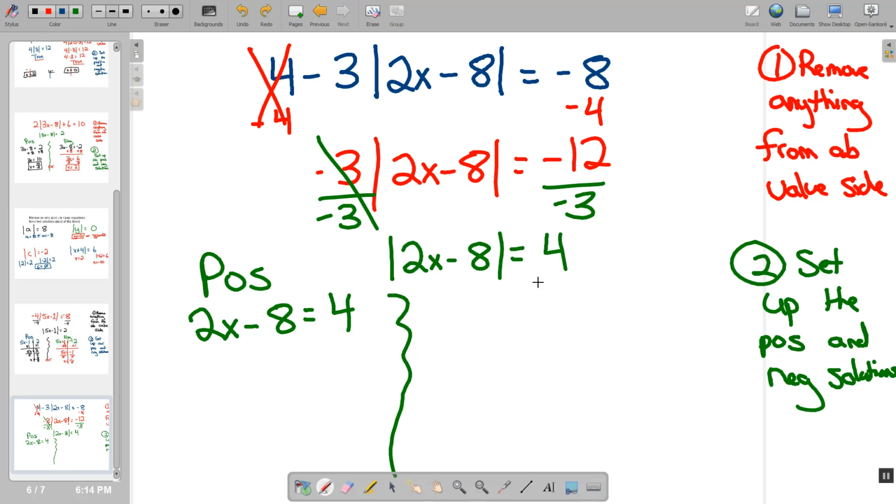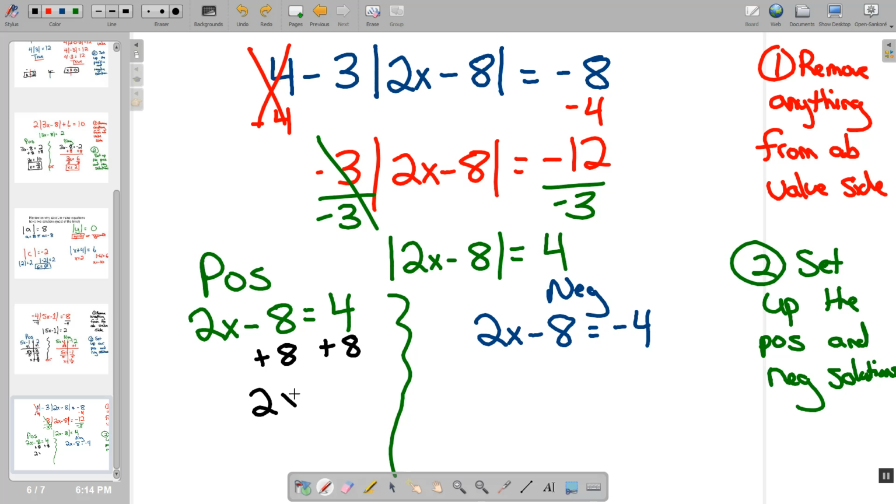The negative solution is going to be 2x minus 8 equals negative 4. To solve these, I'm going to add 8 to both sides. So I get 2x equals 12. So x is equal to positive 6 for the first solution.